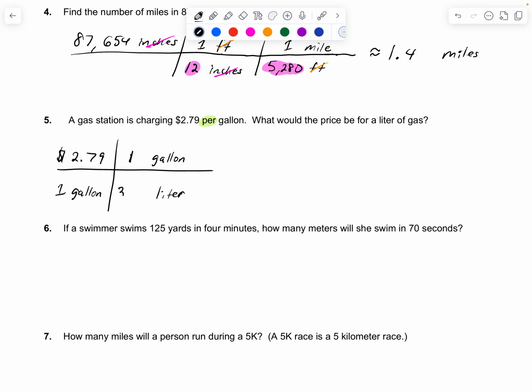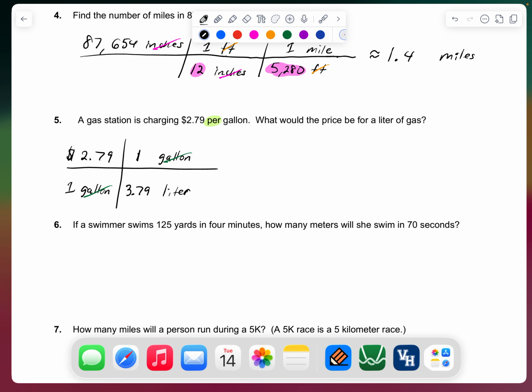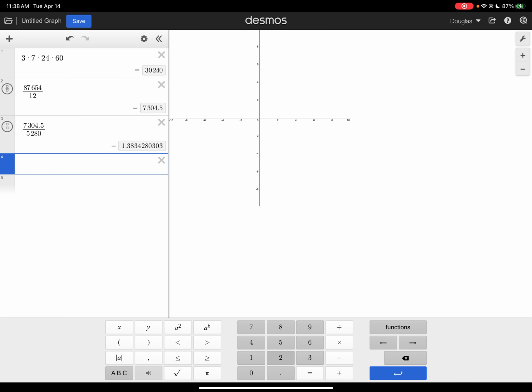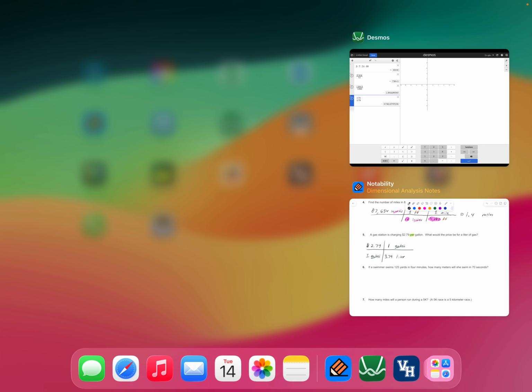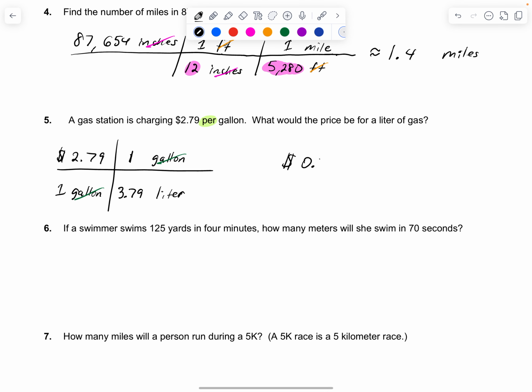Okay, so I'm going to do my crossing out of units, and then because 3.79 is in the denominator, I'll be dividing 2.79 divided by 3.79 to get my answer in dollars per liter, which is approximately 74 cents per liter. Okay, so that's how we do the ones where we have division with rates.